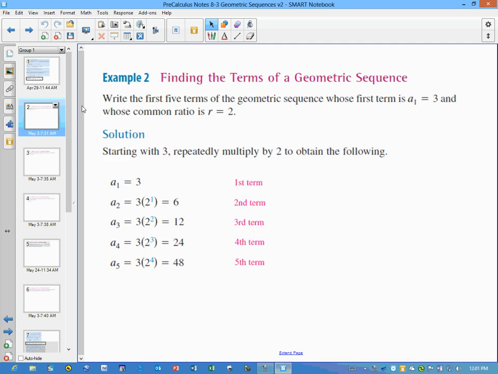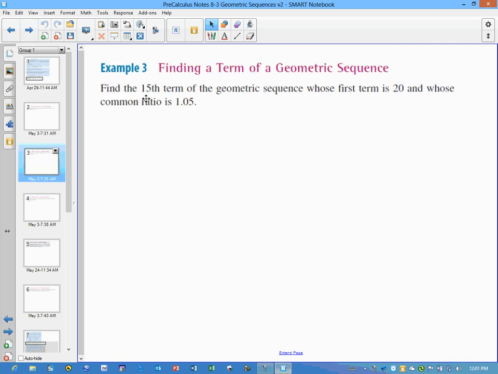And then let's look at another example. Let's say they wanted us to find the 15th term of a geometric sequence, and they give us that the first term is 20, and the common ratio is 1.05. Well, right off the bat, we should know that we can use the formula for the nth term. That's a sub 1 times r to the n minus 1.